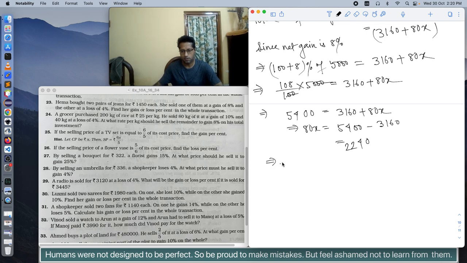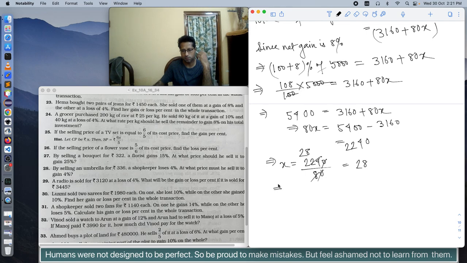So x is equal to 2240 divided by 80. The 0 cancels out, and we have 224 divided by 8, which is 28. So x is 28.